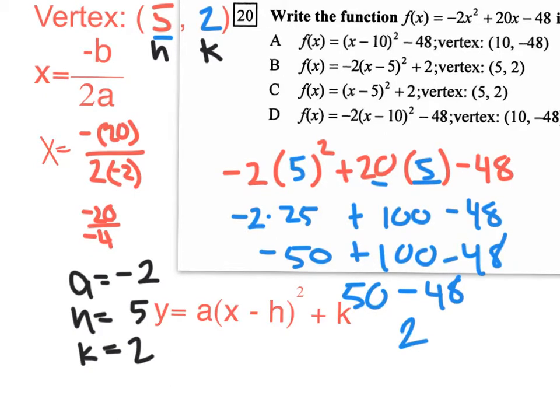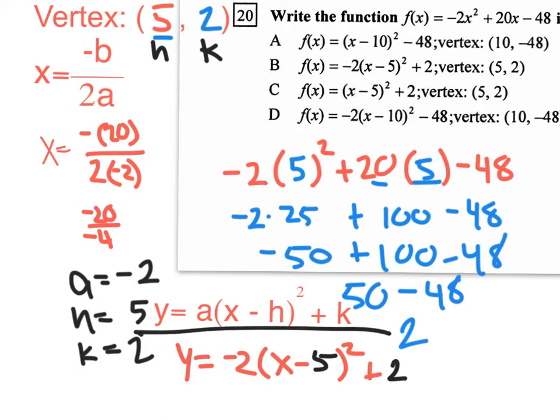So there it is, guys, the vertex form equation. So all we need to do is plug in the a, h, and k. So you have y equals, a is negative 2, parentheses, x minus h. So that's going to go in as x minus 5, close parenthesis, squared, plus k, and k is simply 2. So here is your vertex form equation, which is obviously b.